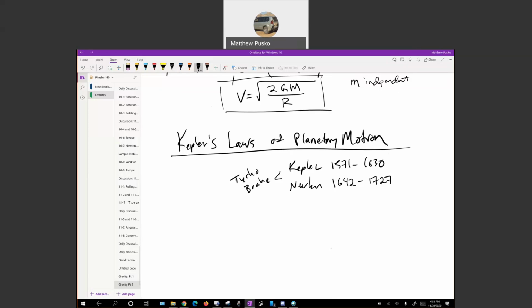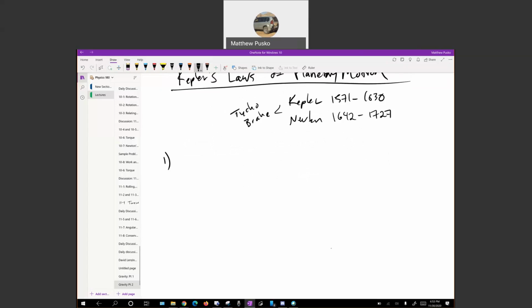So what do we got? Law number one says, and this just relates to two masses with a gravitational force between them, right? Planets, satellites, objects in free fall around each other. The first law is called the law of orbits.